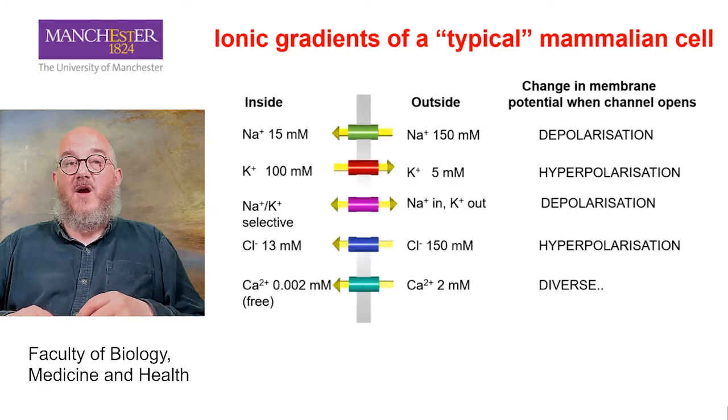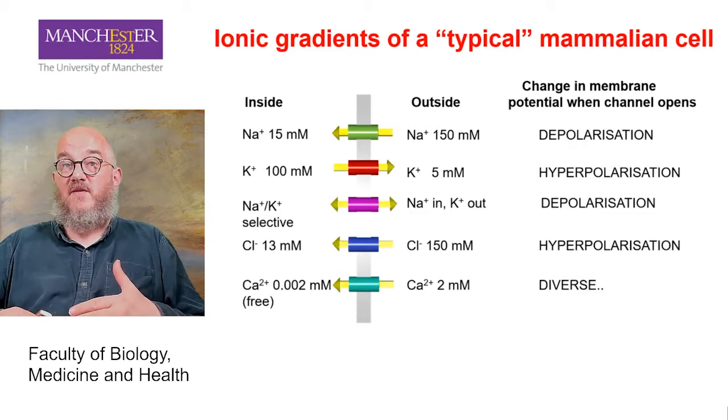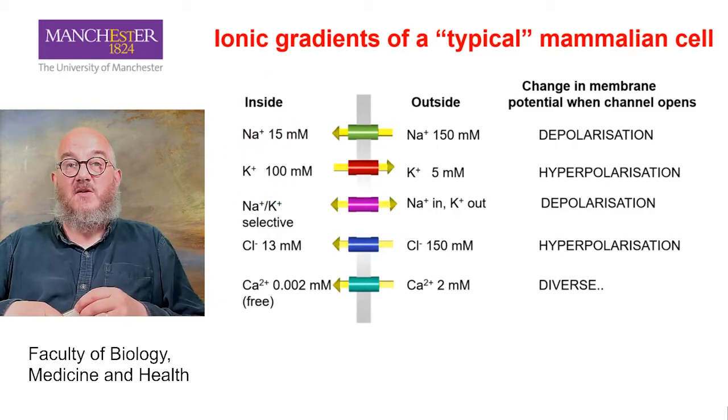So let's think about what happens now when we open a channel that's selective for an ion or a combination of ions. So if we open a sodium selective ion channel, we've got high sodium concentration outside and low inside, and we have a negative charge inside the cell.